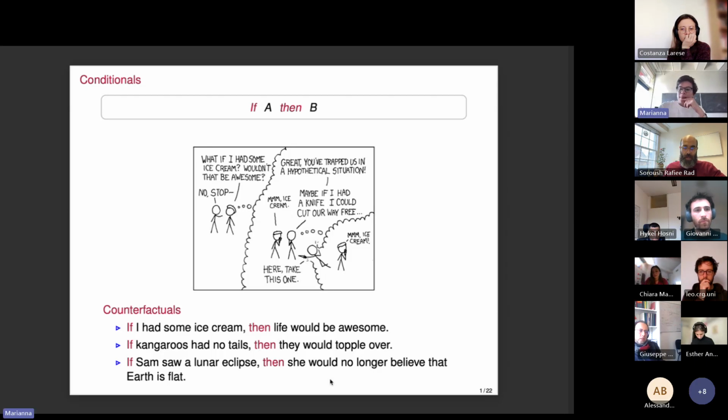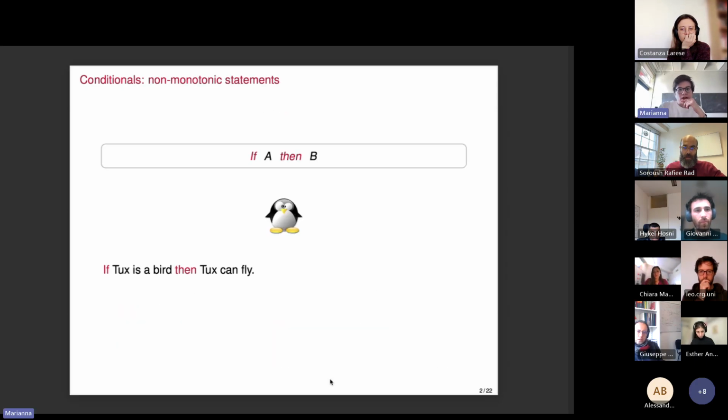So this is one. And then another kind of important sentences we're going to cover today are non-monotonic statements that are also of the form if-then. So consider the following, this is a very well-known example. I can say if Tux is a bird, then Tux can fly.